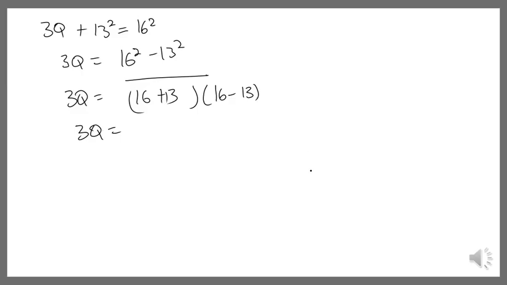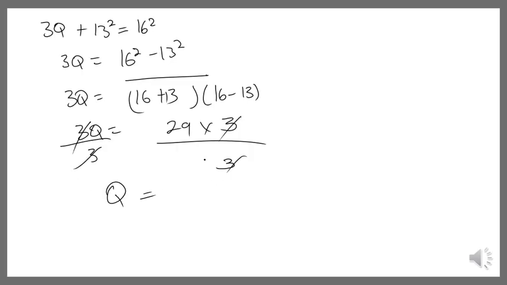We have 29. 16 minus 13 is 3. We divide here by 3, we divide here by 3. Q is equal to 29, the 3s cancel. So basically that is it.